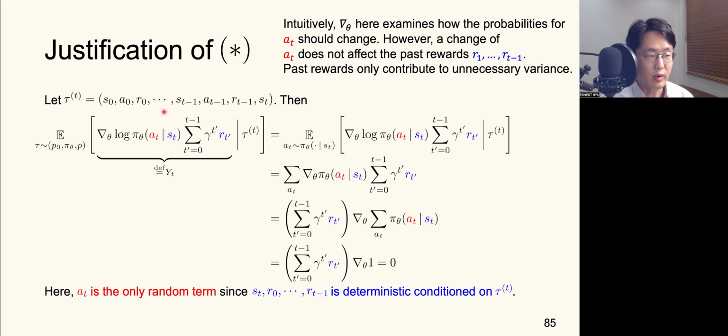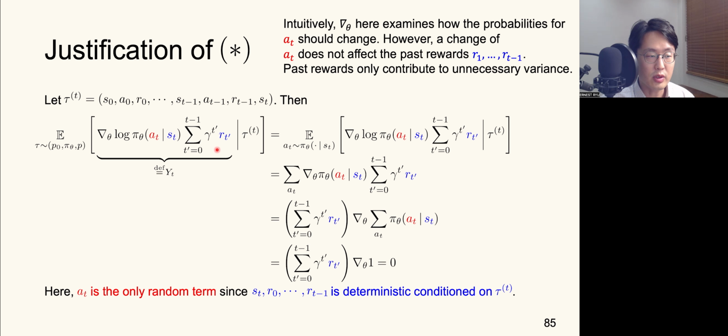Intuitively, when we consider grad log pi theta, that is trying to measure how we should change the neural network parameter theta in order to update log pi theta, or update pi theta, the probabilities that the action AT should have. Well, the probabilities of the action AT do not actually affect any of the past rewards, if you think about it.